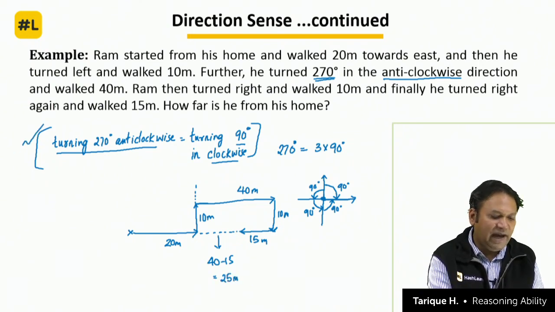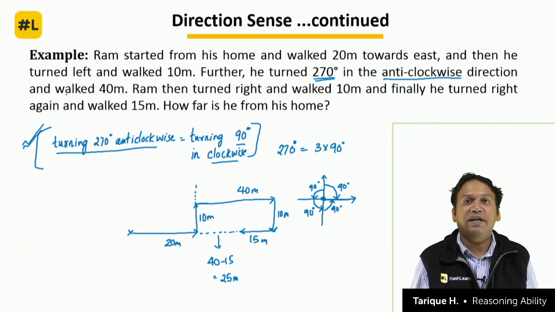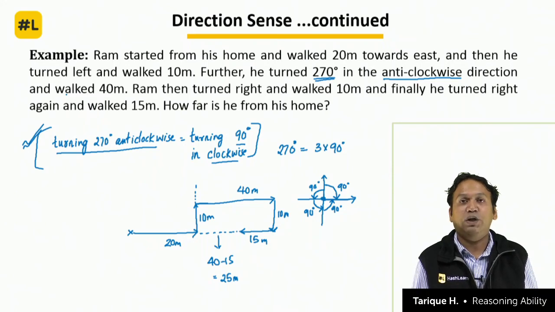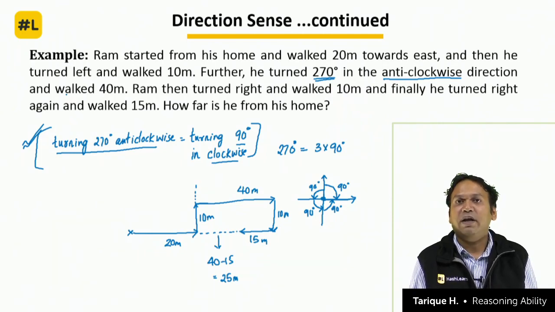So the important takeaway from this question is that in scenarios where we are turning 270 degrees anti-clockwise, we should understand immediately that it is the same as 90 degrees clockwise. That will simplify the entire question and make it easier for you to solve. Now direction sense is a simple, easy topic.